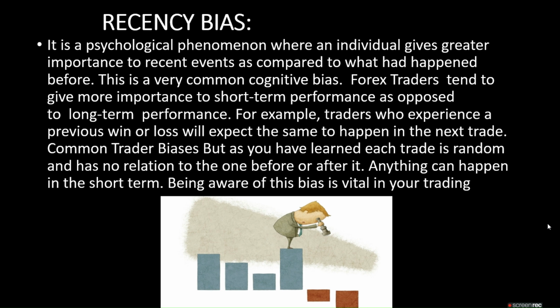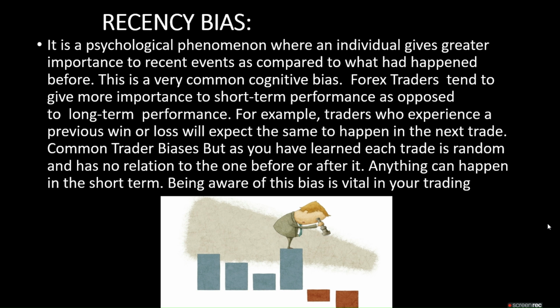For example, traders who experience a previous win or a loss will expect the same to happen in the next trade. Common trader bias, but as you've learned, each trade is random and has no relation to the one before or after it. Anything can happen in the short term, and being aware of this is vital in your trading.